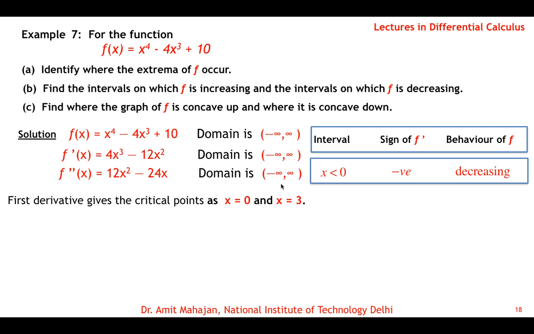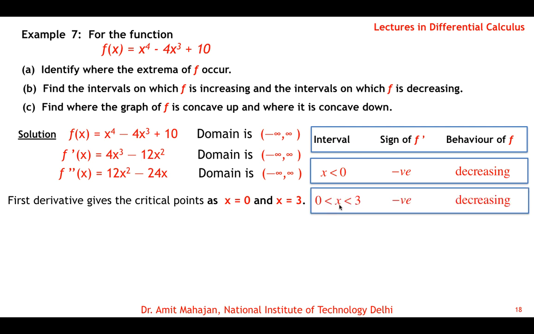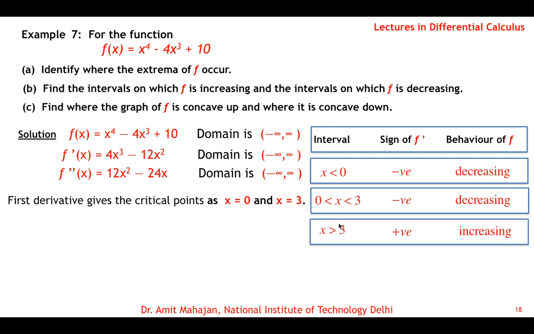For x between 0 and 3, this will be negative, so again the function is decreasing. And for all x greater than 3, if we choose x as 4, 5 or any number and check the sign of the derivative, it is positive, which means the function is increasing in the interval 3 to infinity.